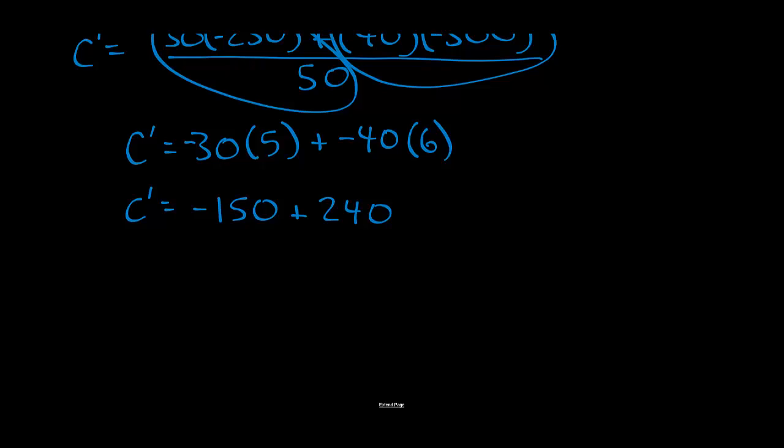I left off the negative there, so let me just write it this way. Negative 240. Okay, well now all we have to do is a little arithmetic here. We get c prime equals negative 390 miles per hour.